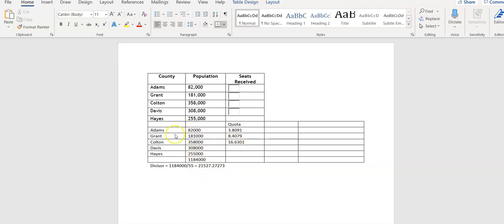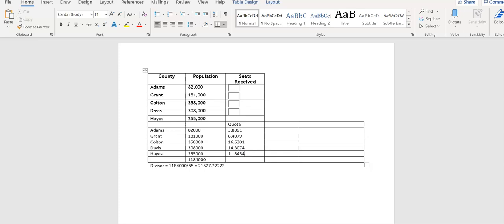And now let's take 308,000 and divide it by this number right here. We get 14.3074. And now let's take our last one, 255,000, and divide it by 21,527.27273. And that gives us 11.8454.